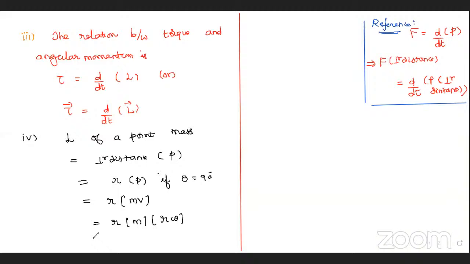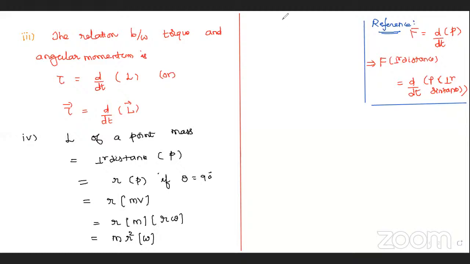Then here you observe, you are almost getting how to interlink. m into r square into omega. Who is this mr square for a point mass? Yes, exactly, moment of inertia. That's it, you are getting it now.